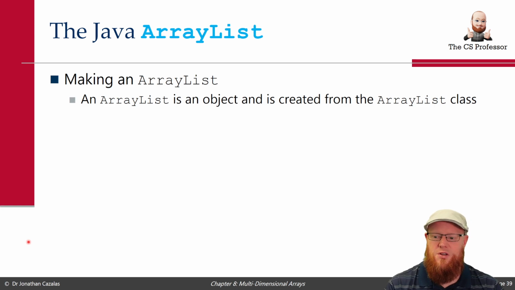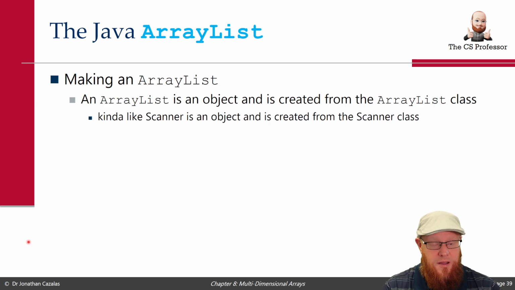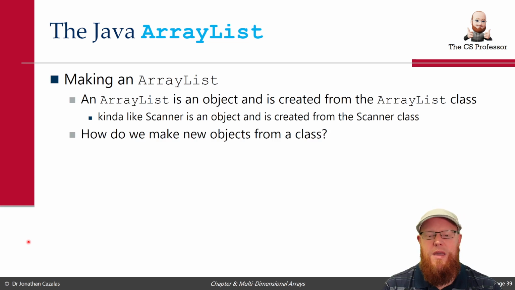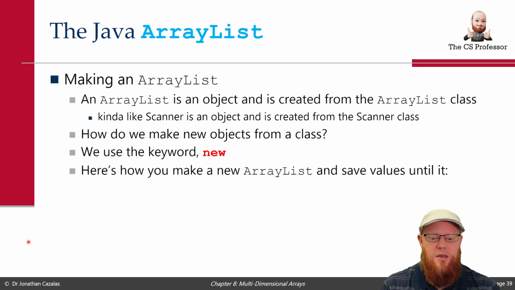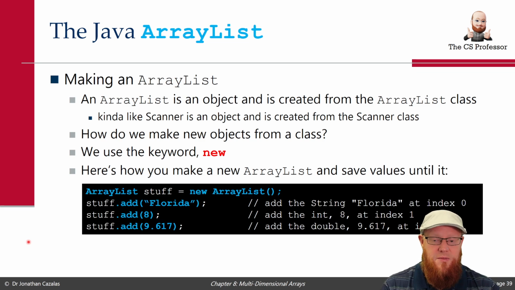So let's make our first array list. An array list is an object. It's created from the ArrayList class. In the same way that a Scanner is created from the Scanner class, how do we make objects from a class? We have to use that keyword new. So here's how you make a new array list, and you can save some values into it. Notice I have the variable stuff. Let's look at the right side of the assignment, just like Scanner, right?